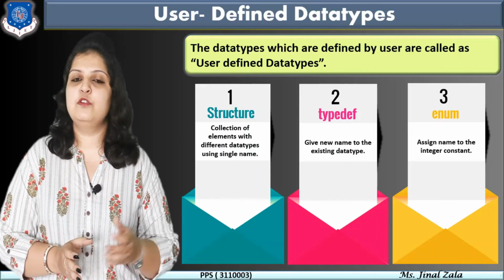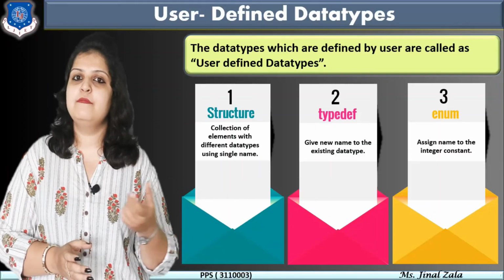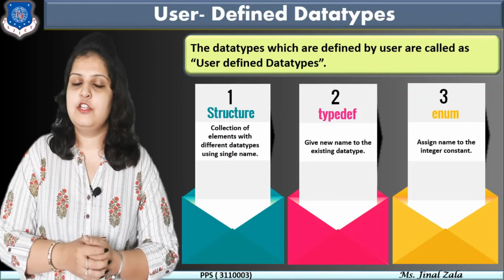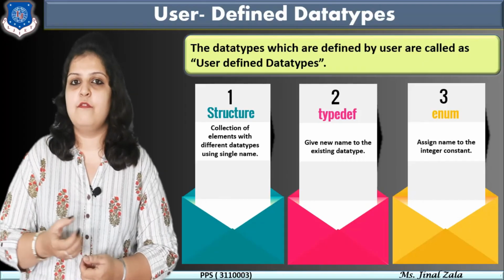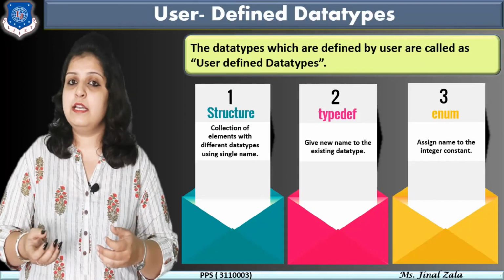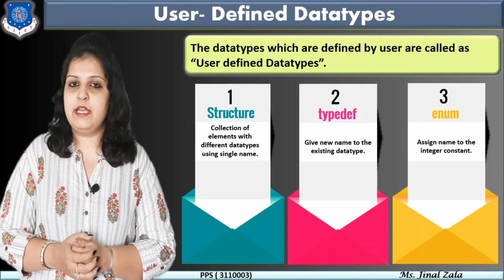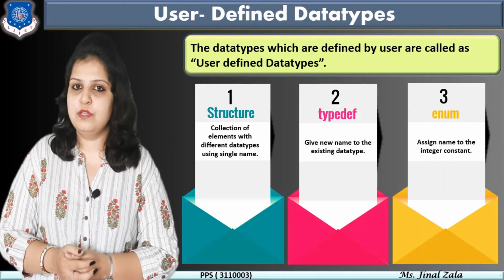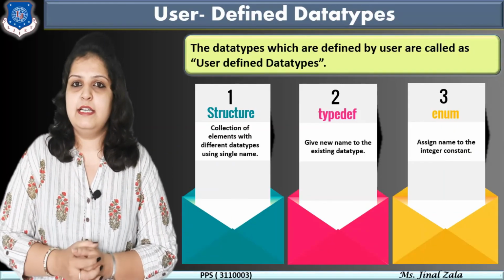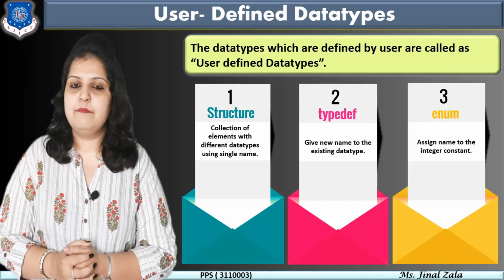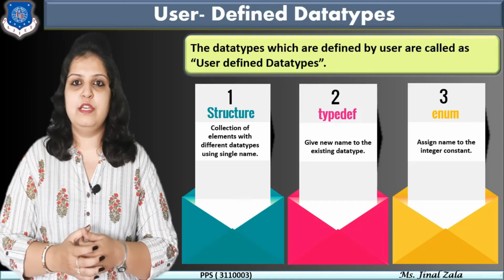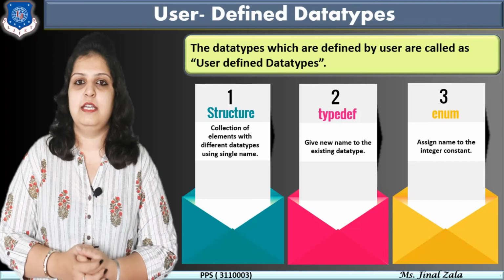In array we can store multiple values together but of the same data type, whereas in structure we can store multiple values of different data types, and we can create it our own way. That's why it is called a user defined data type. Then second is typedef. What do you mean by typedef? Typedef is used to give a new name to an existing data type.